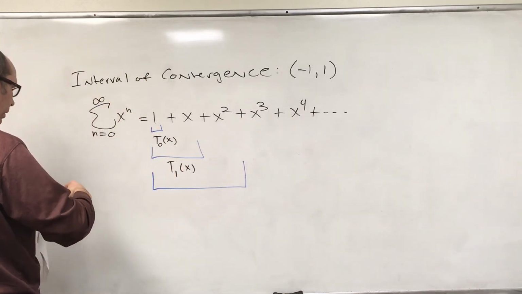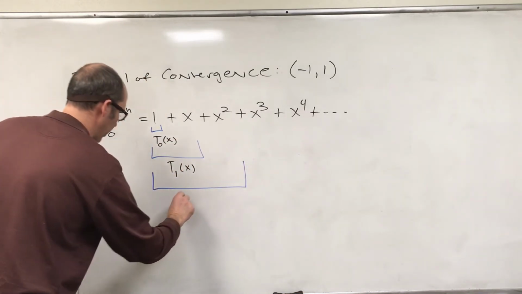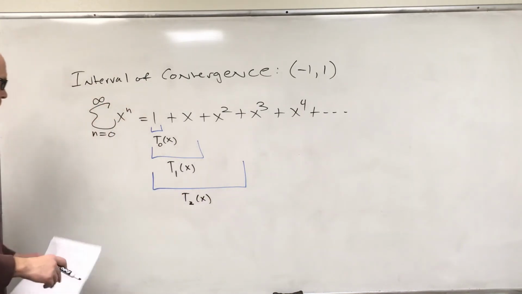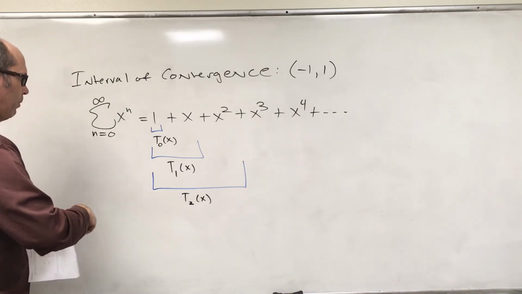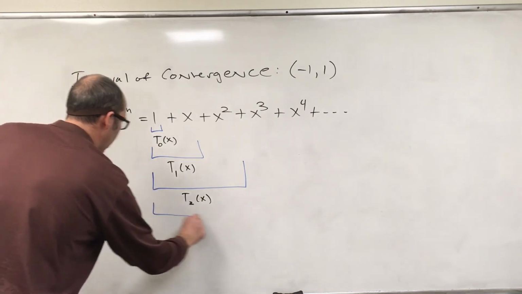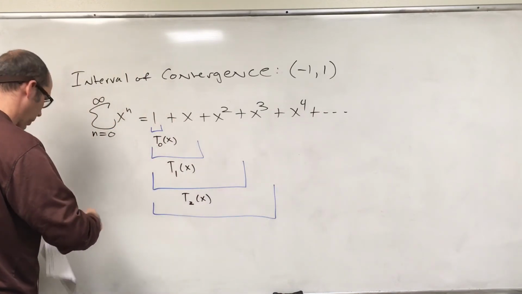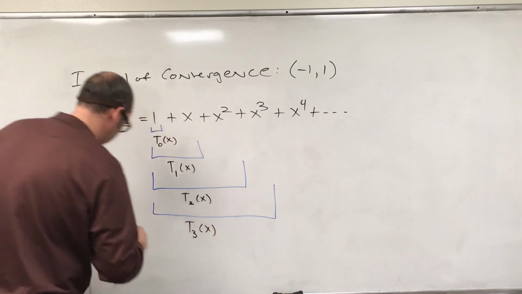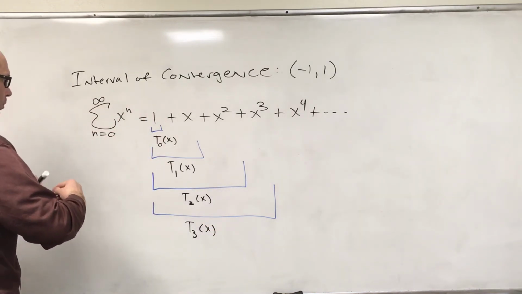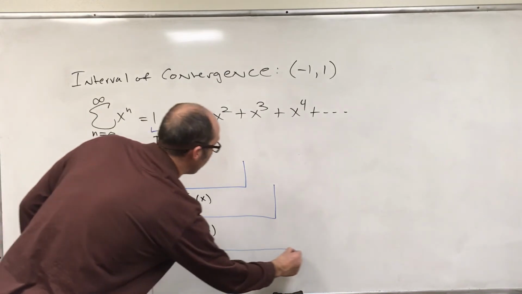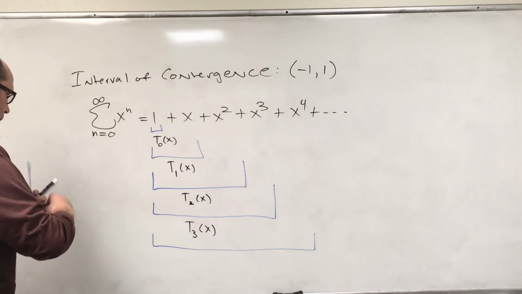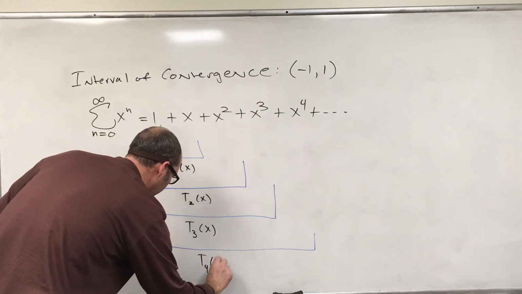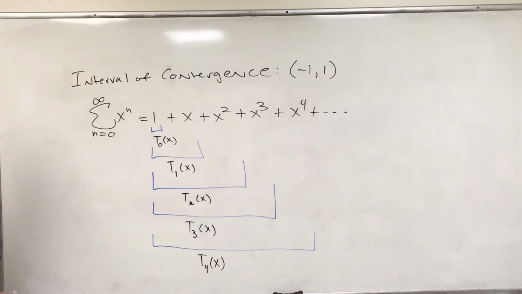This is my quadratic Taylor polynomial. This is my cubic. This is my fourth degree Taylor polynomial.